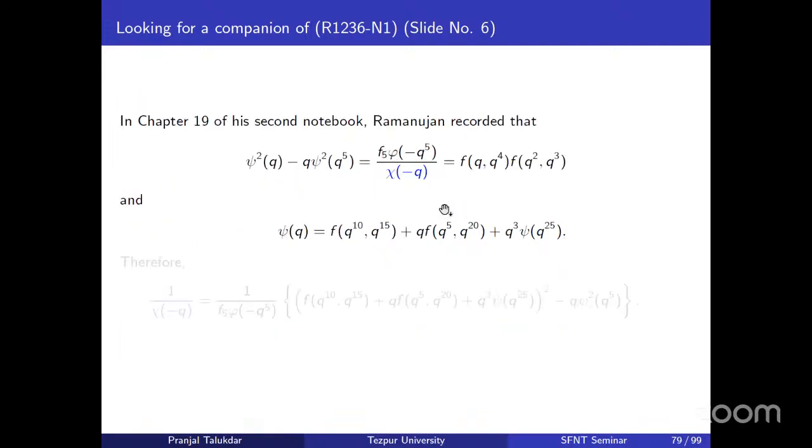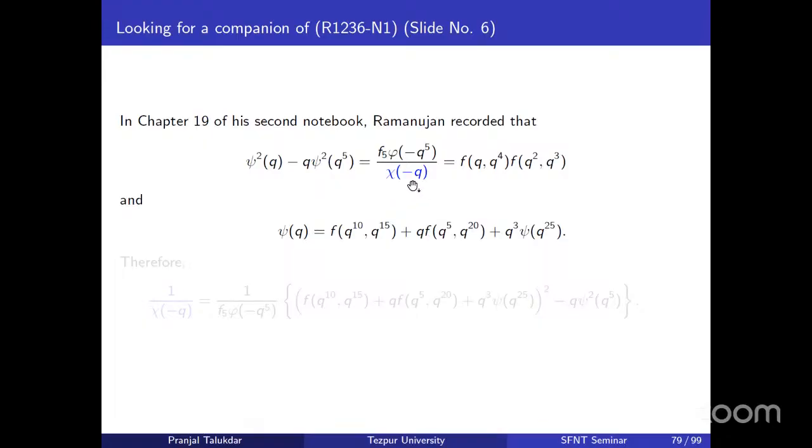So again, we go back to Ramanujan's notebooks. In his second notebook, Ramanujan again wrote this identity, which involves psi squared of q5, phi of minus q5, and 1 by chi of minus q.